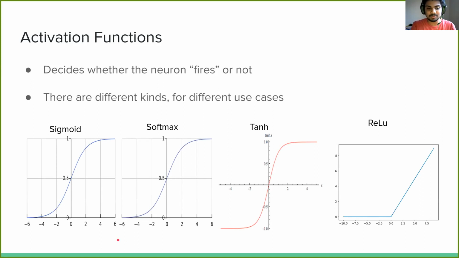Now, the difference between sigmoid, softmax, and tanh is that the sigmoid and softmax go from 0 to 1, whereas the tanh goes from -1 to 1. So there's different use cases here. And then rectified linear is basically your typical max(0, x) function. It's 0 until you get into the positive numbers, and then it starts climbing like a normal linear function. And those are used in what's called hidden layers.